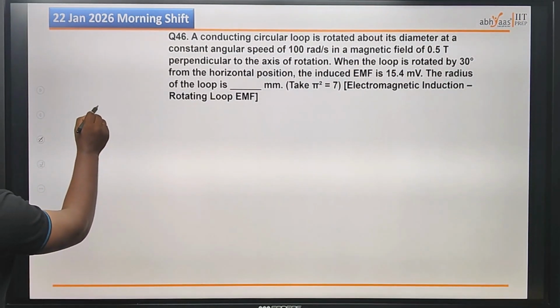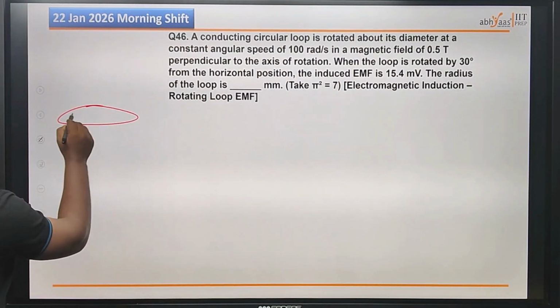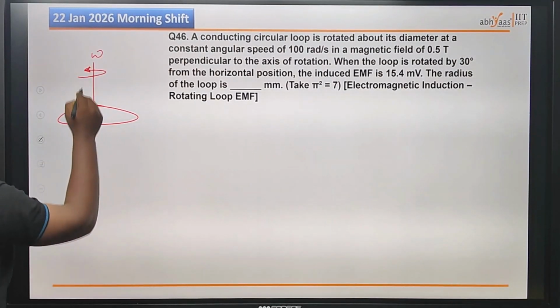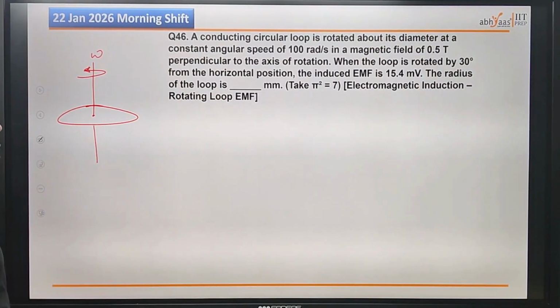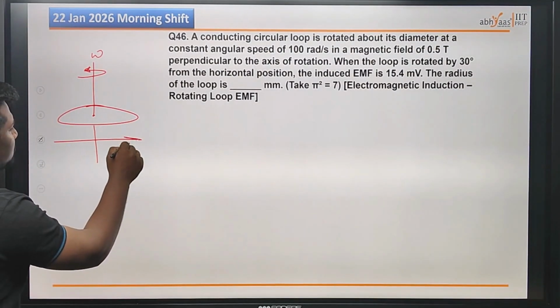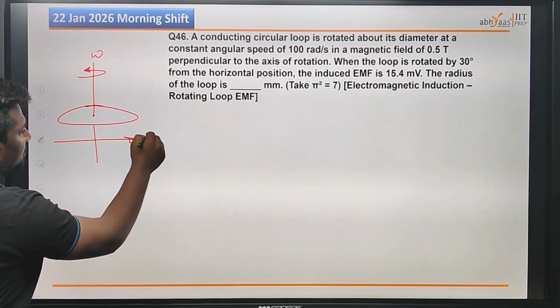What they are asking? They have given one conducting circular loop which is rotating, having angular velocity, perpendicular to the axis, which is having magnetic field B.